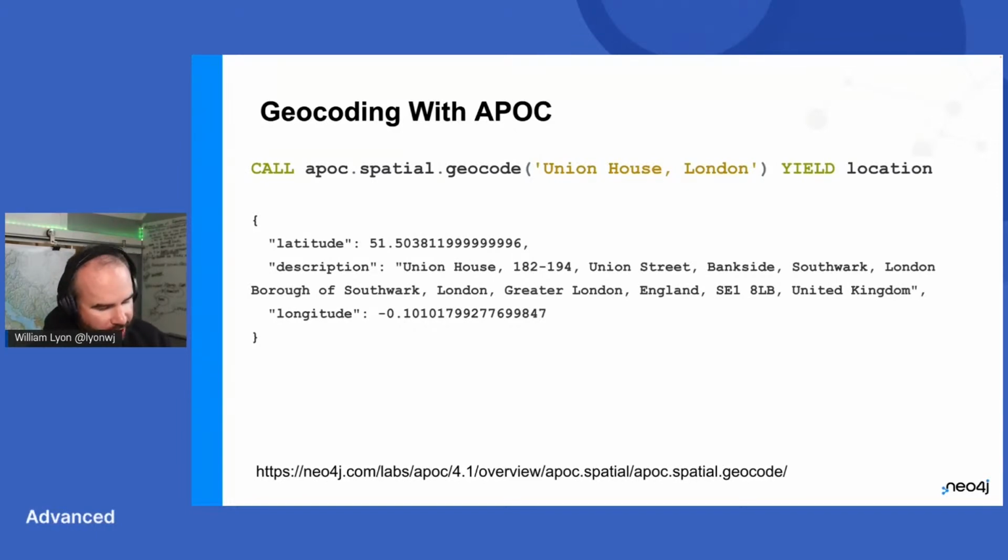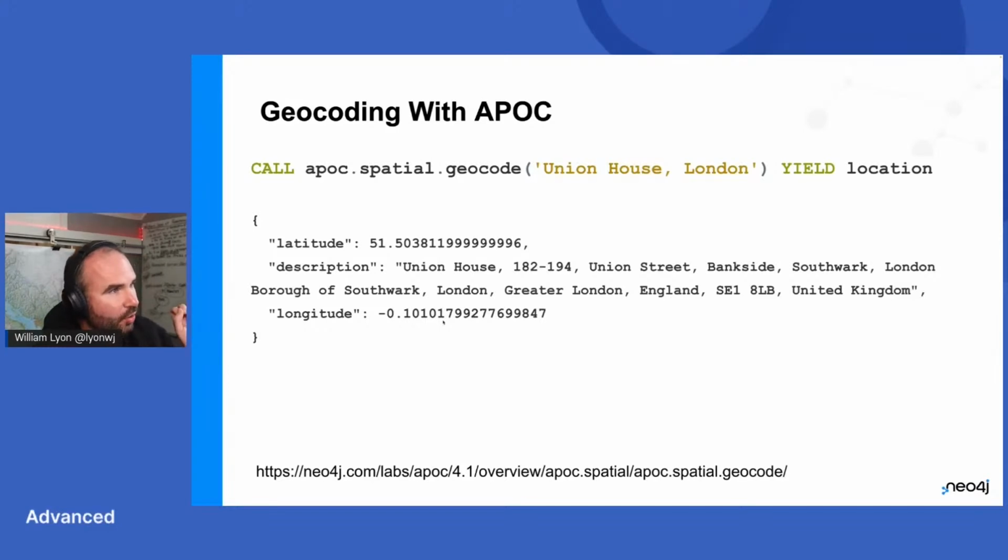If you're familiar with APOC, APOC is kind of the standard library for Neo4j, adds lots of additional functionality to Cypher. So there's an apoc.spatial.geocode function that will, by default, I think, use the Nominatim OpenStreetMap geocoding service, so kind of low bandwidth, but we can also configure it to use Google's geocoding service, which is what I typically use.